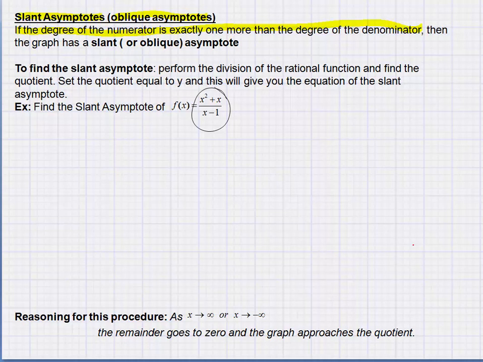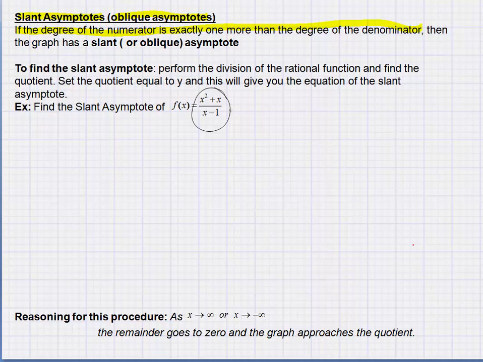It doesn't matter if the remainder is 0 or not, and actually you don't want the remainder to be 0. Because if the remainder was 0, that means the numerator and denominator share a common factor. We've talked about that a couple times now, and we don't want that to happen. We still haven't talked about what would happen if they have a common factor, but you don't want the remainder here to be 0.